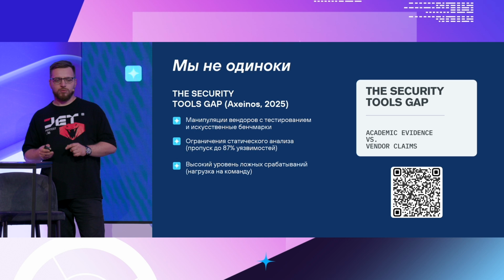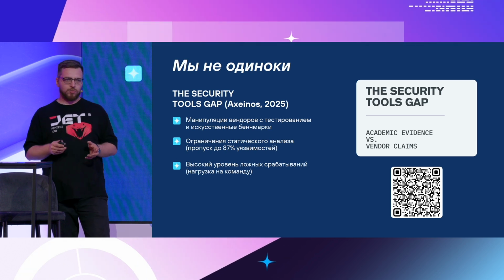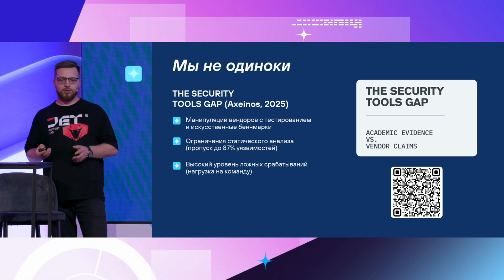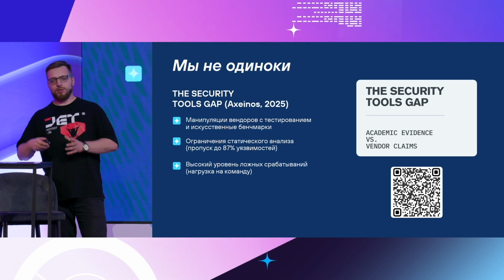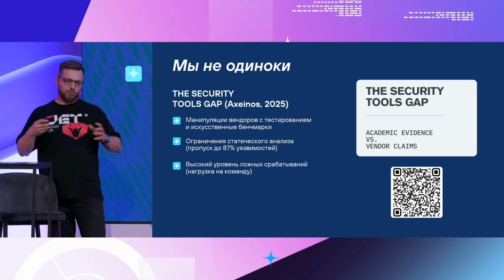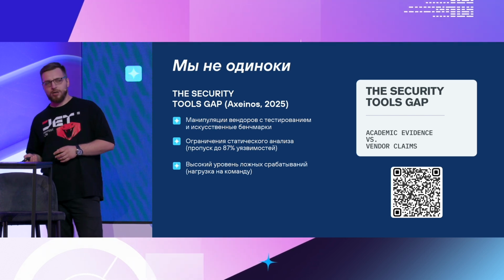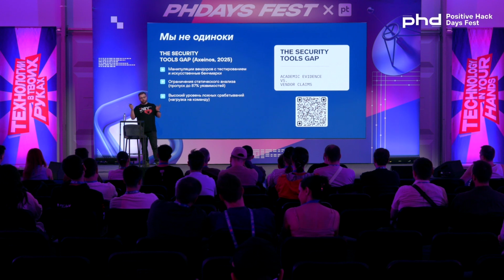A lot of false positives and a lot of workload on the team. The more false positives we have, the more workload you have for your AppSecs. And AppSecs will go to developers without looking that developers have a lot of tickets, there is a problem, and we don't understand what to do.